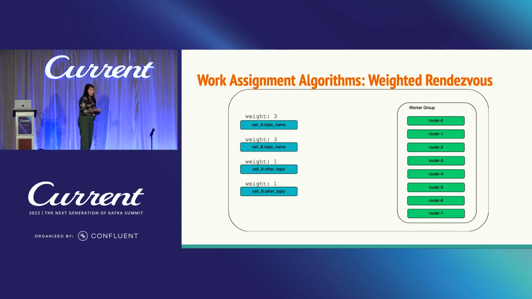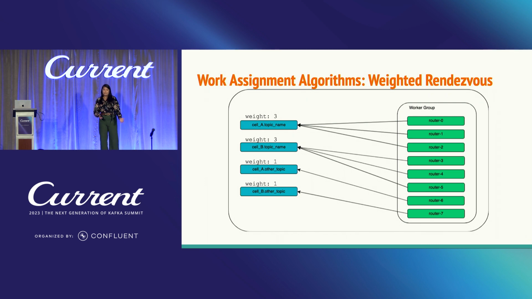So say we've got 2 topics with a weight of 3, 2 topics with a weight of 1. Those topics with a weight of 3 should be assigned 3 times the instances that the weight of 1 gets. So the hope is that the assignment would look something like this.